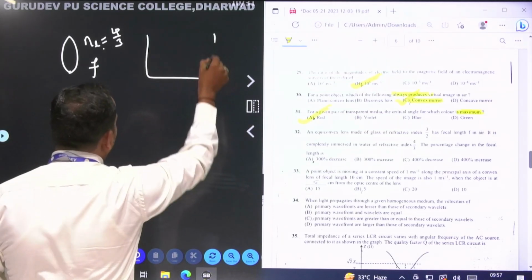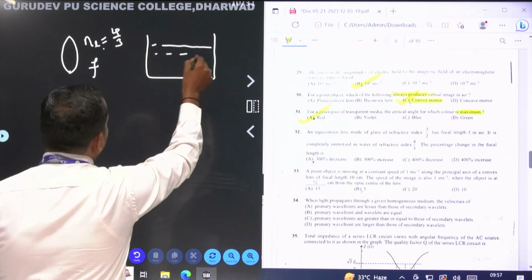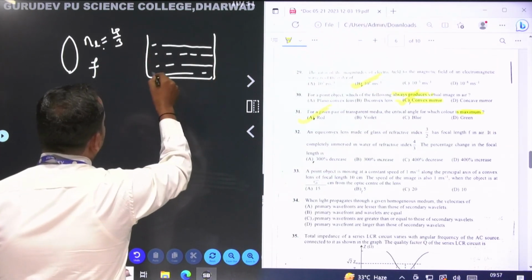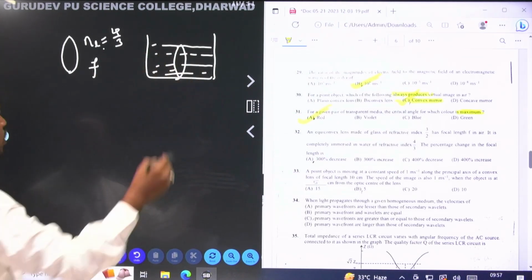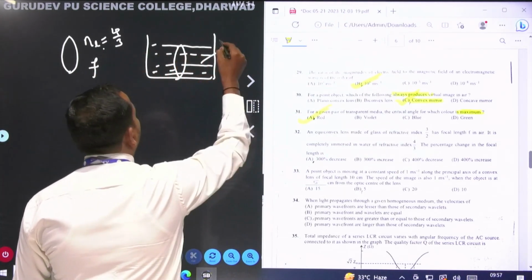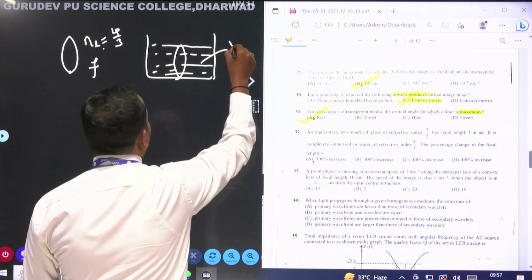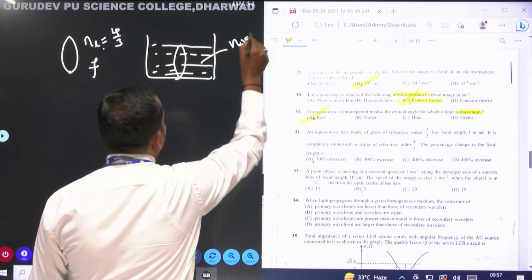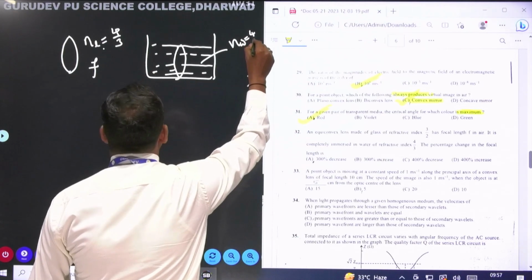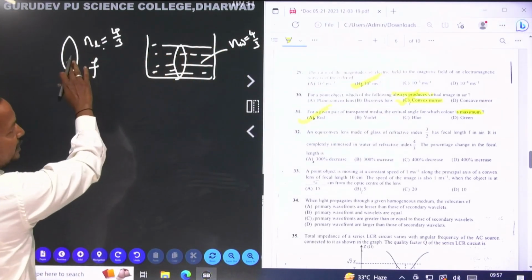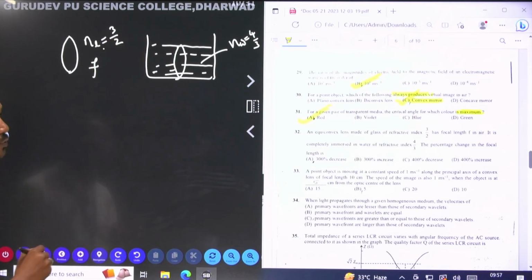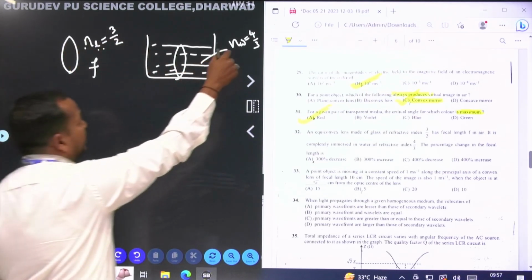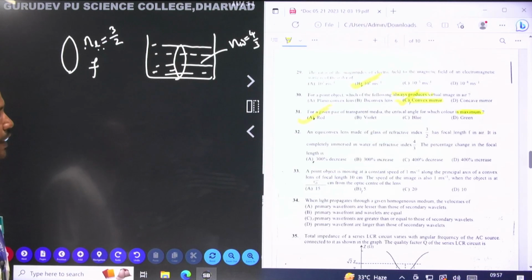They will take one beaker with water in it, and in this water this convex lens is placed, completely immersed. The refractive index of water is 4/3. NL is 3/2, that is the refractive index of the lens. This is the refractive index of water. The percentage change in the focal length, right?